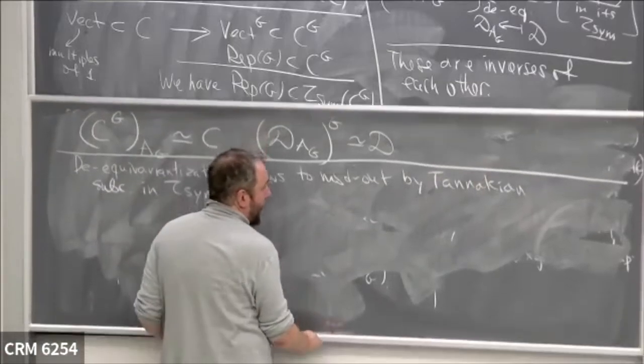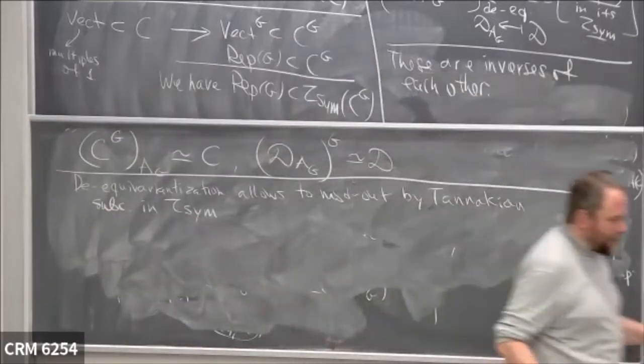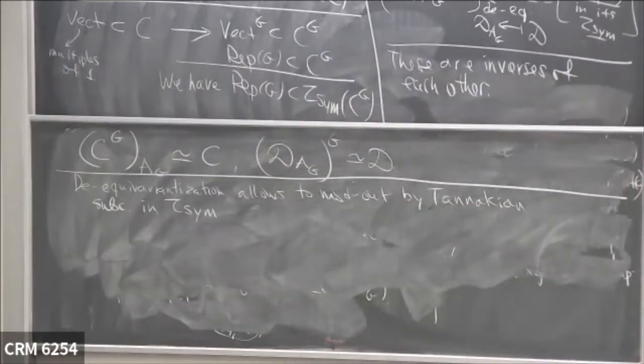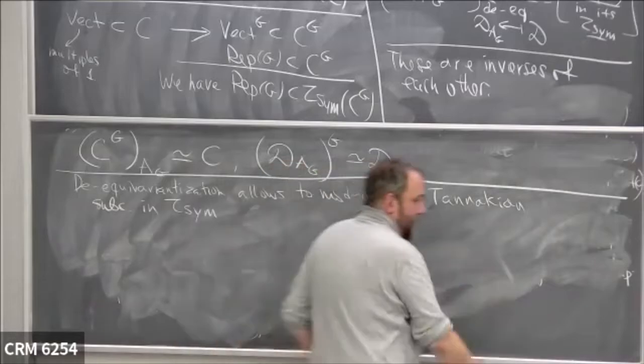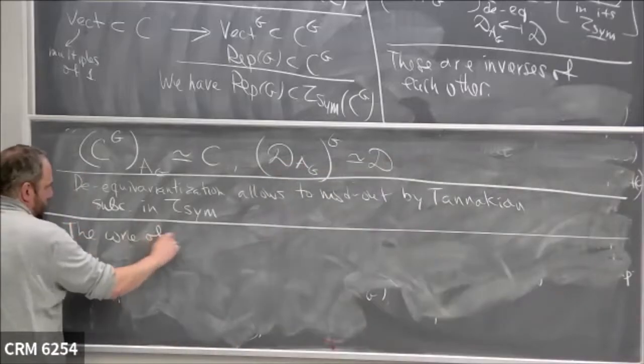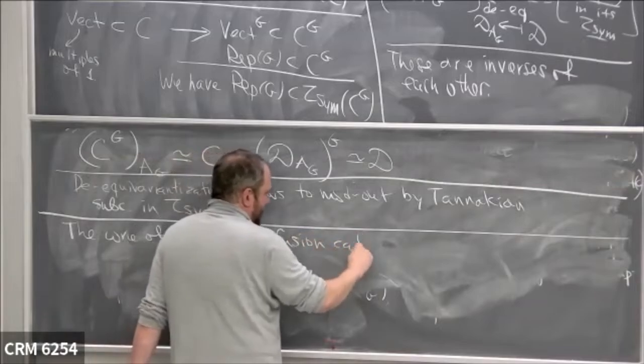So I'll talk now about what was supposed to be the main notion of today's lecture, namely the notion of the core of a braided category. So the core of a braided fusion category.